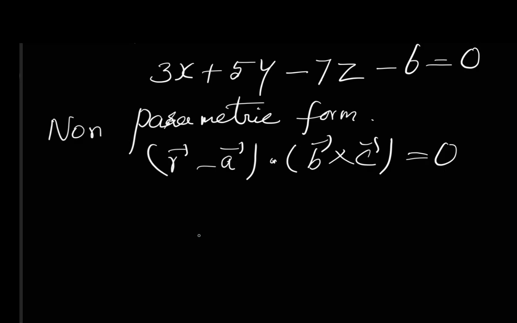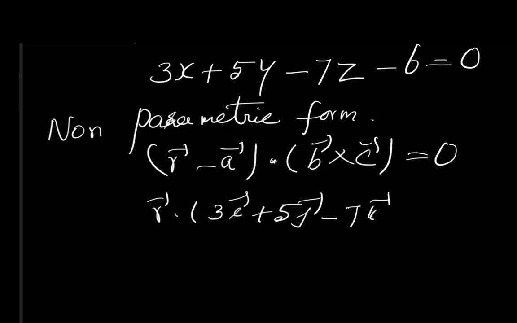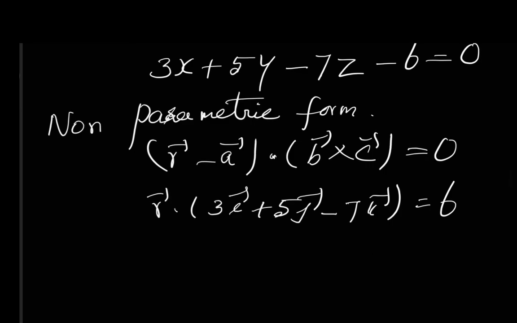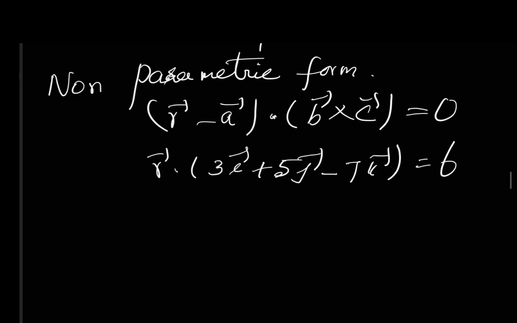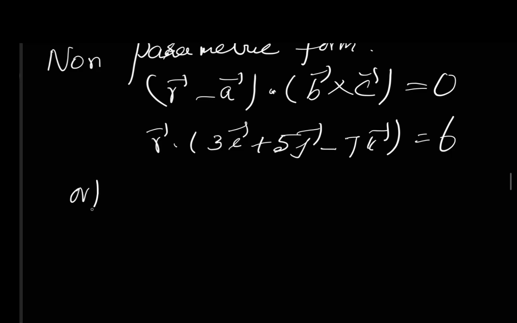So here just vector r dot, write the coefficients 3i plus 5j minus 7k. You take the 6 to the other side so that it becomes plus 6. So this is the non-parametric form of the vector equation. So you can write just as it is. This is the answer. Or if you want to do the steps, you find the b cross c first.